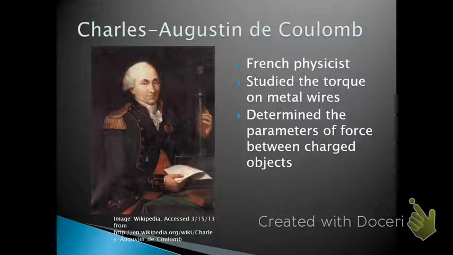Now, a lot of this was figured out by a very clever gentleman named Charles Augustin de Coulomb. Clever enough to even have the unit of charge named after him. Fancy. He was French, if you couldn't guess, and he studied torque on metal wires. He actually ended up figuring out the force between two objects with charge, just like most scientific discoveries, kind of by accident.